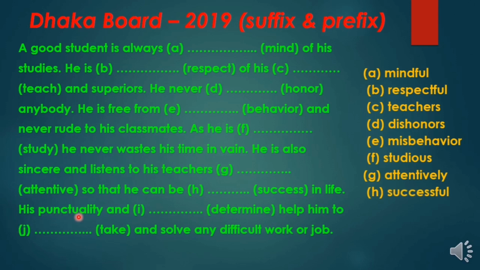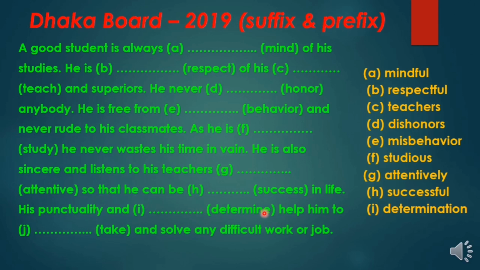His punctuality and dash help him to dash and solve any difficult work or job. Here in I number, our answer will be his punctuality and determination. Students, after the word his, punctuality, it's a noun. So just after and, we definitely need another noun.